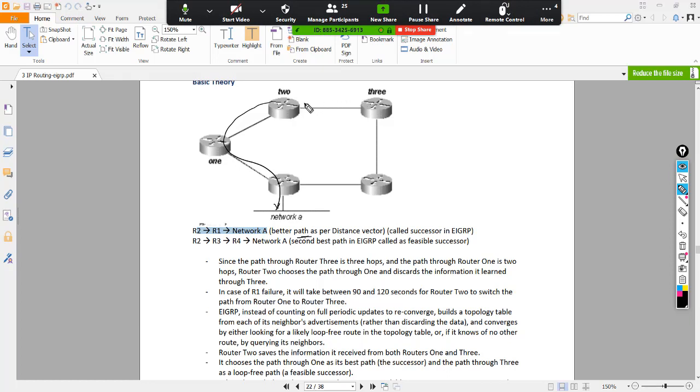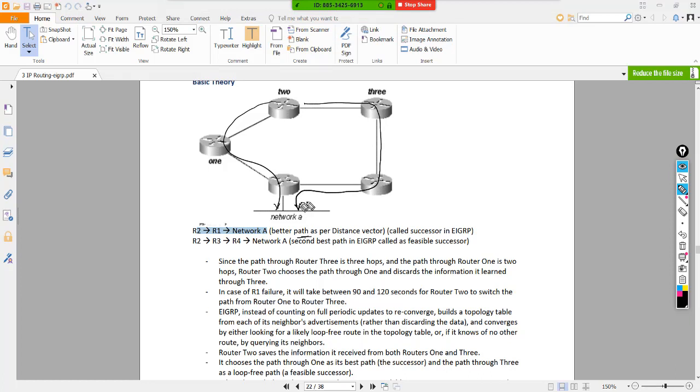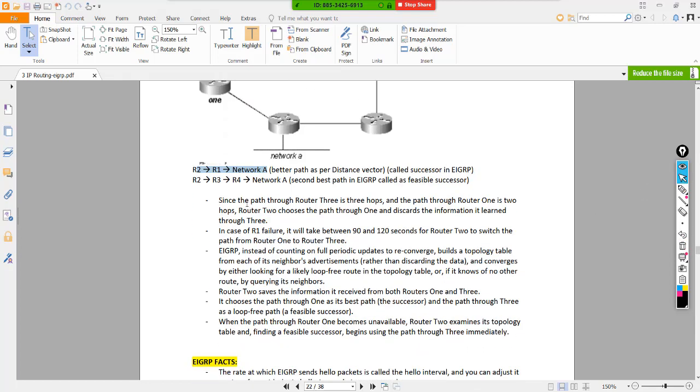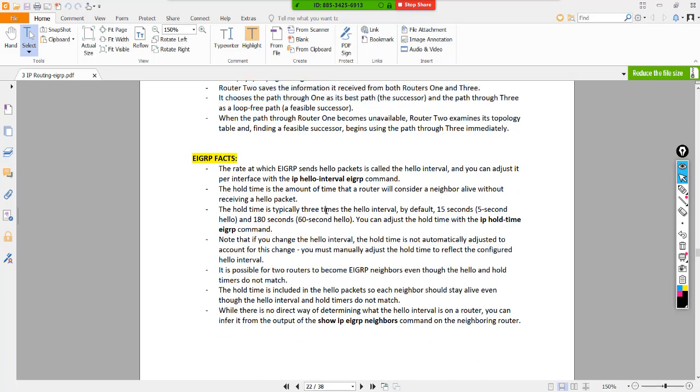And when you have R2, R3, R4 and then the network, in case of RIP this would have been dropped, but in case of EIGRP this would have been the best path because of the metric calculation. That's what is written over here.